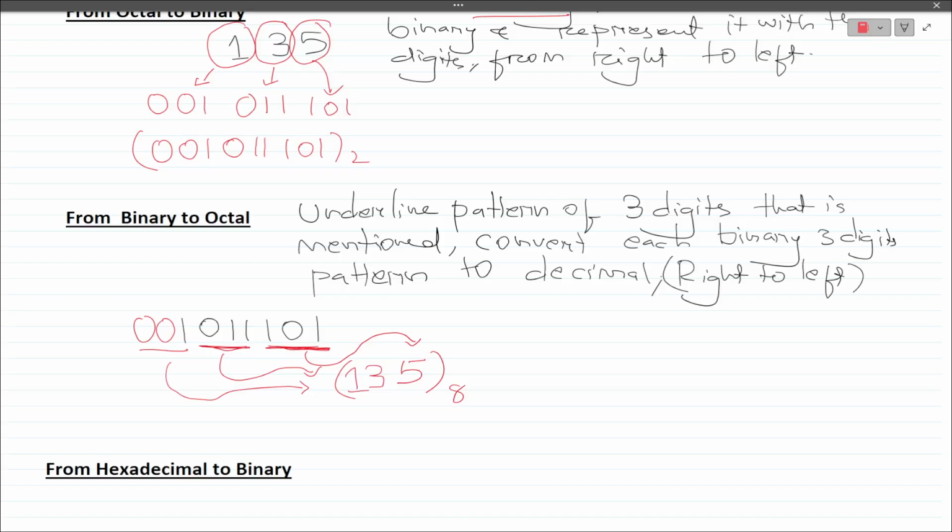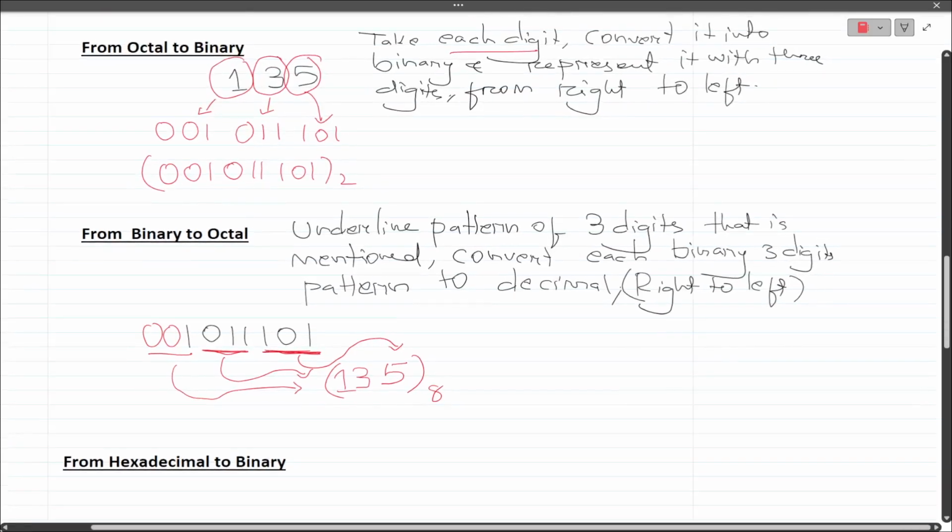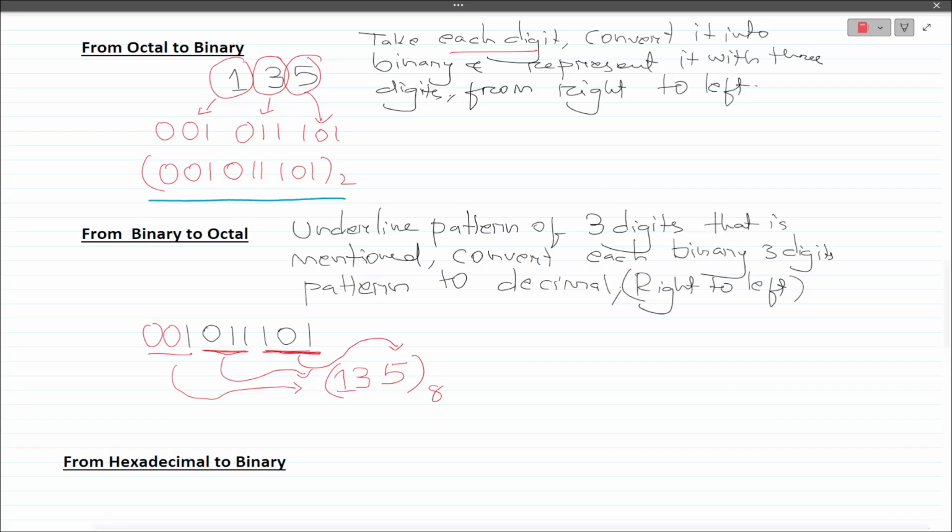If you observe, I have taken the same combination that we had extracted out. Previously, when I converted my octal to binary, my combination of binary digits was this. Now when I take the same thing to convert into octal, I get the same answer. See, 135 at base 8.